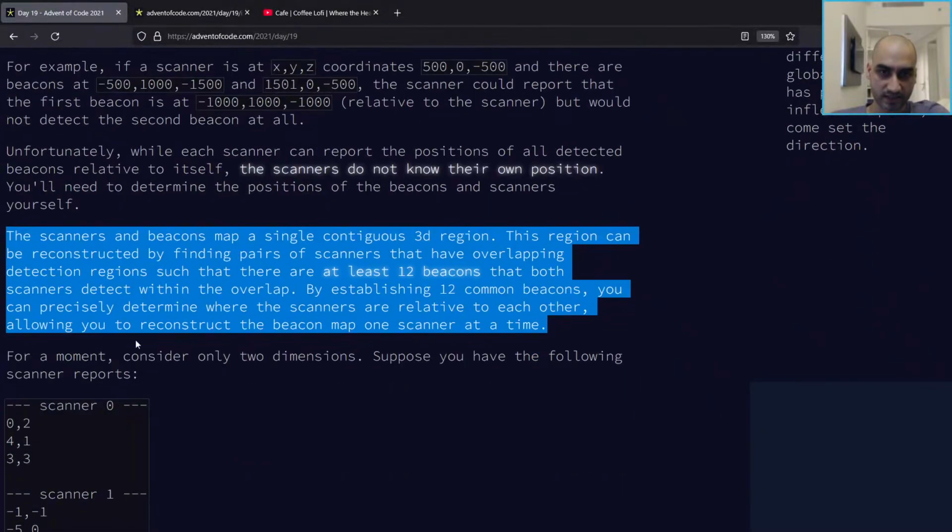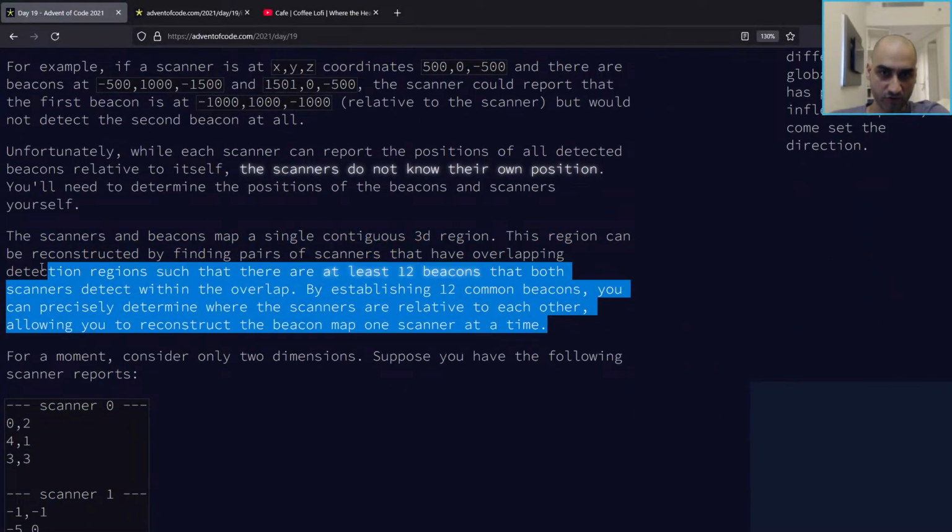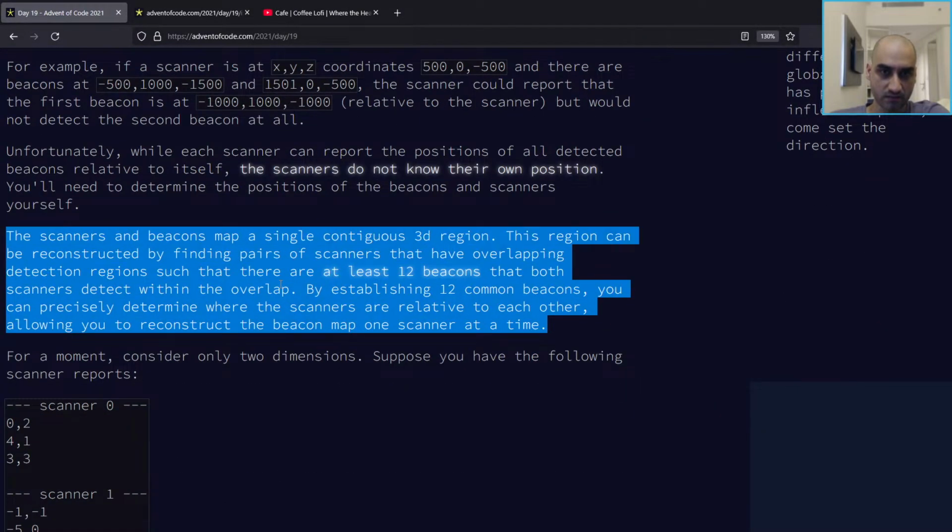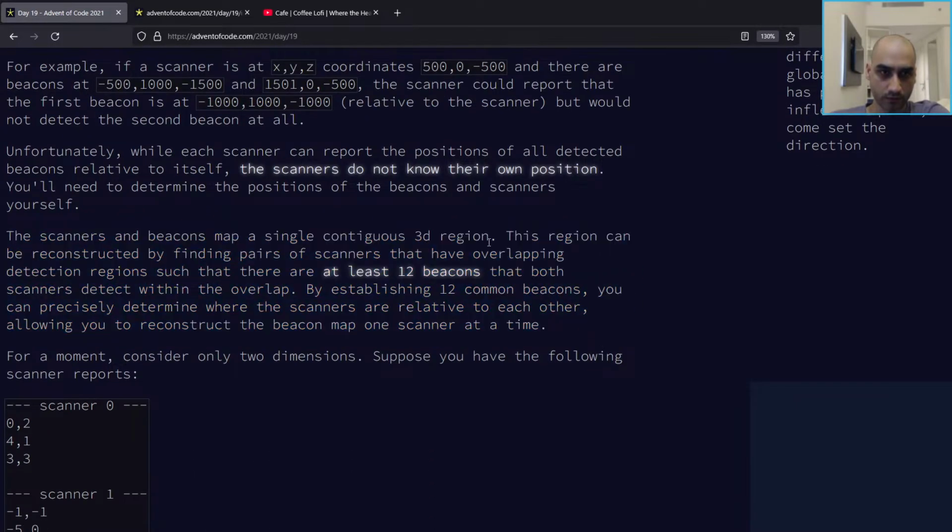I still don't fully understand this paragraph. But nothing in this paragraph is saying there must be any overlap at all. They just say find pairs of scanners that have overlapping detection.